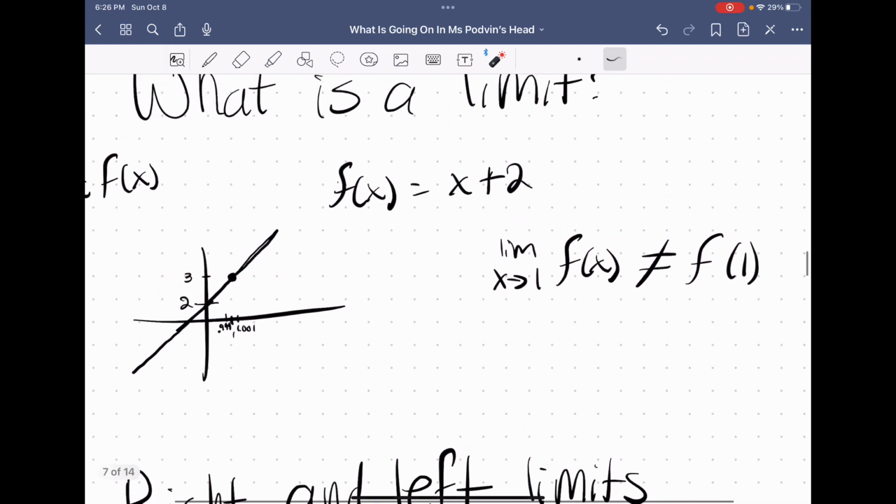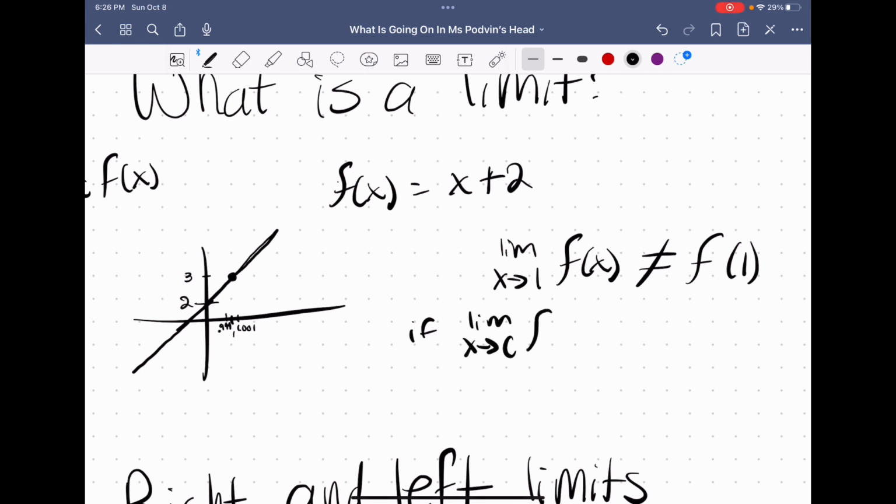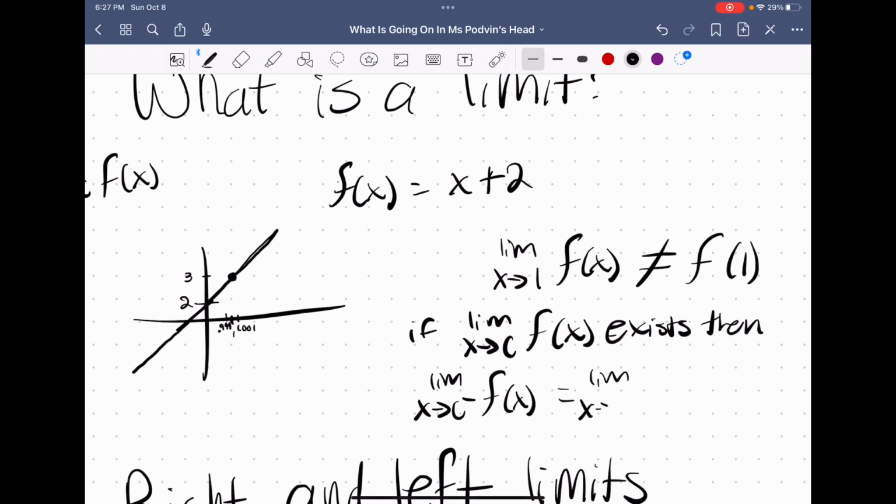So, in order for a limit to exist, this is the definition. If the limit as x approaches c of f of x exists, then the limit as x approaches c from the left of f of x equals the limit as x approaches c from the right of f of x.